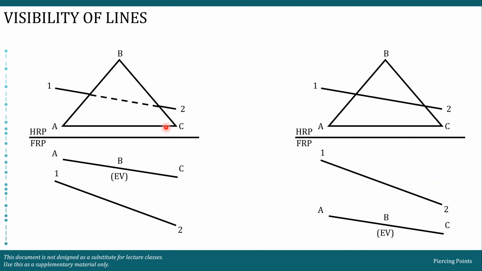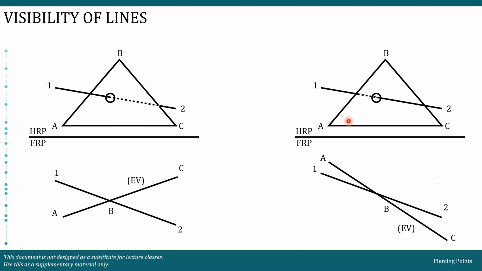The line is completely on the other side with respect to the plane. Tignan naman natin tong example na to, no? In this case, ABC here, 1, 2 is here. So kung mapapansin niyo, yung portion ng 1, 2 na mas malapit sa 1, okay?